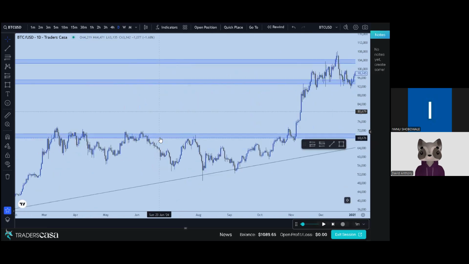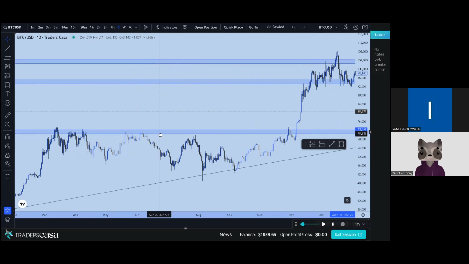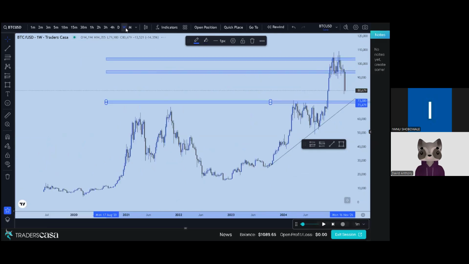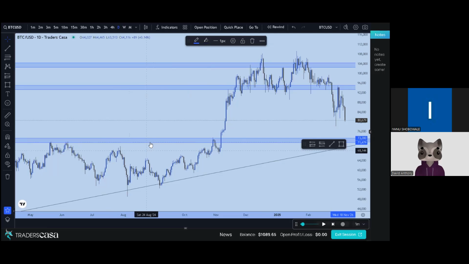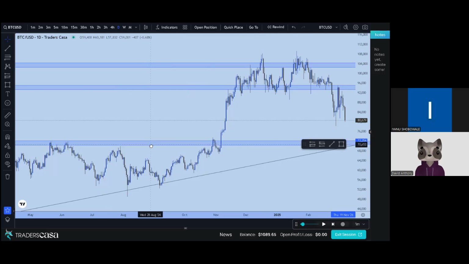I think I need to adjust this a bit up to account for this. I think I need to take it up a bit. Let me see. Let me go to weekly and see how it looks. What's more important is it must align with what price is doing more recently.